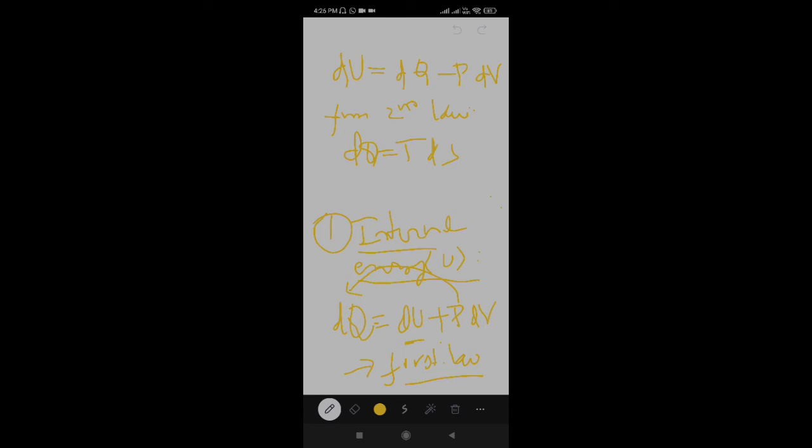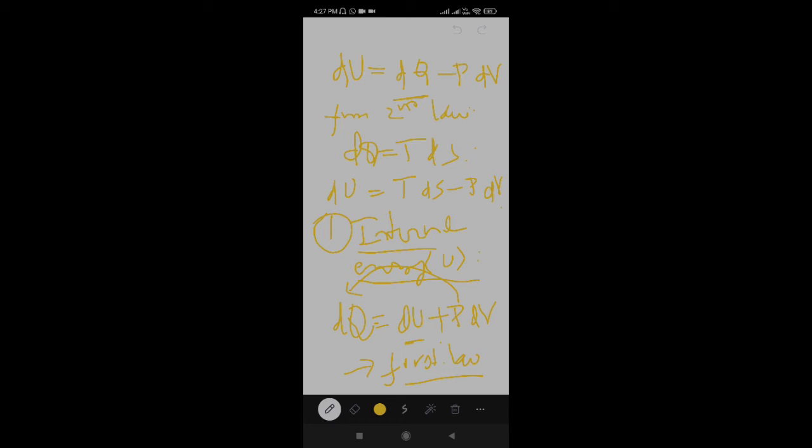The definition of the entropy can be treated as the equation of the second law of thermodynamics. So whenever you use this relation in our previous relation, what happens? dU = in the place of dq, you put TdS - PdV.